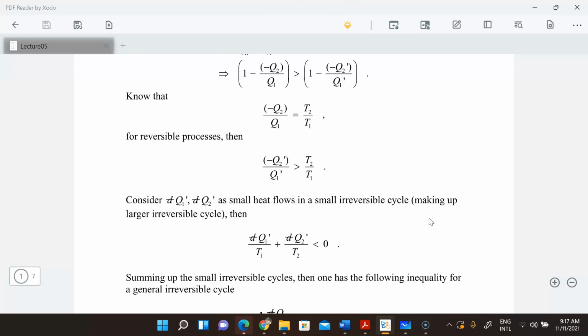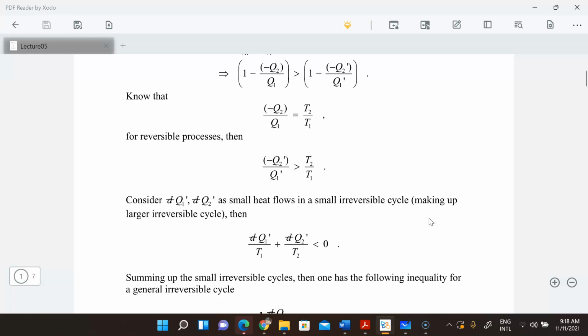So one can consider small changes of the heat. It's not the exact differential, but a small differential which is not exact. Rearrange this particular inequality to give this particular form. So in other words, this is essentially good for small irreversible cycles.